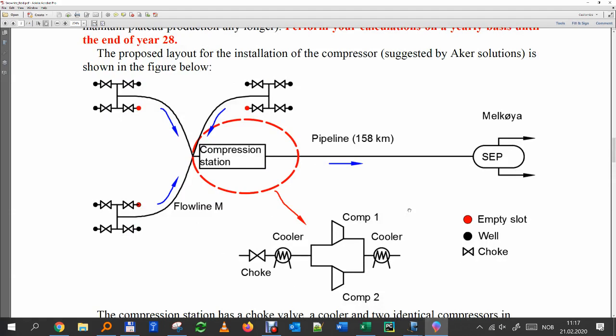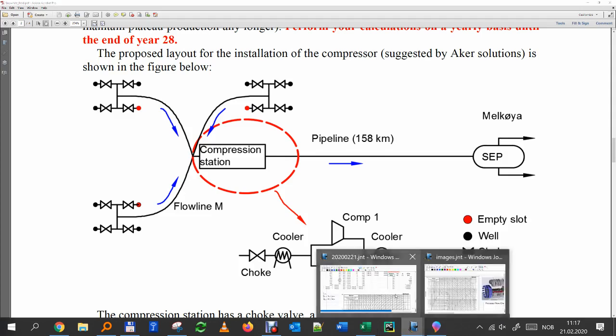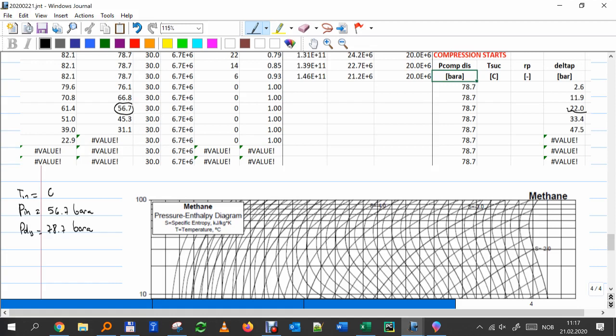If the seabed temperature is 4 degrees and we have 67, we can actually reduce that temperature. It can be much lower. But let's say initially we don't have this cooler. The cooler costs money. We want to save money for our manager, so we want to see if we can make it without the cooler. So let's take 67. T in will be 67 Celsius.